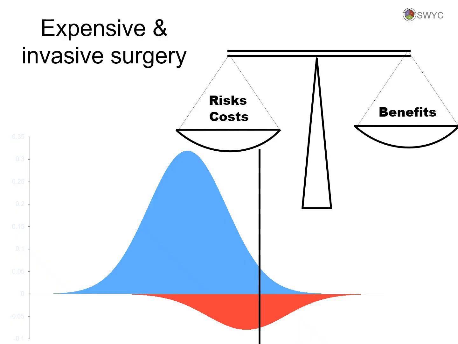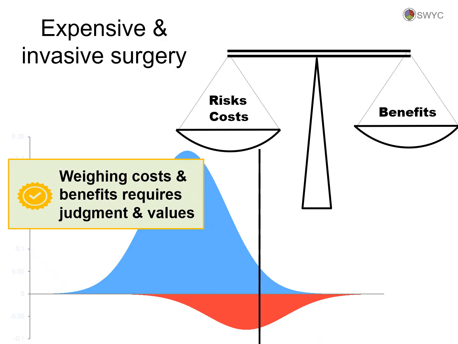That is, it depends on the context in which the screening occurs. This is one reason why we talk about screening as being only one element in a larger system of care. And in my opinion, this is key concept number 6. Optimal thresholds require weighing risks and costs with benefits. And while this process benefits from evidence, it clearly requires judgment and values.